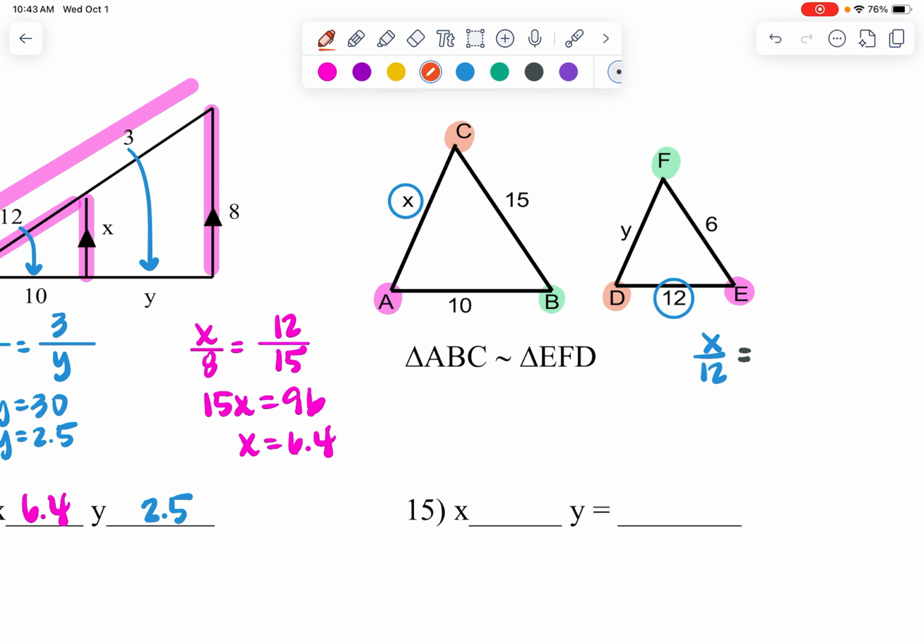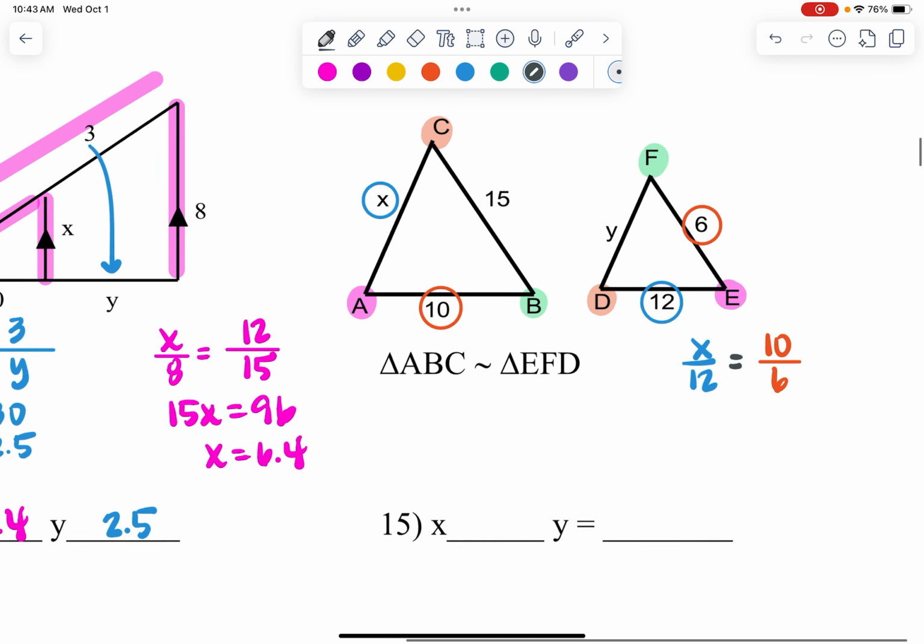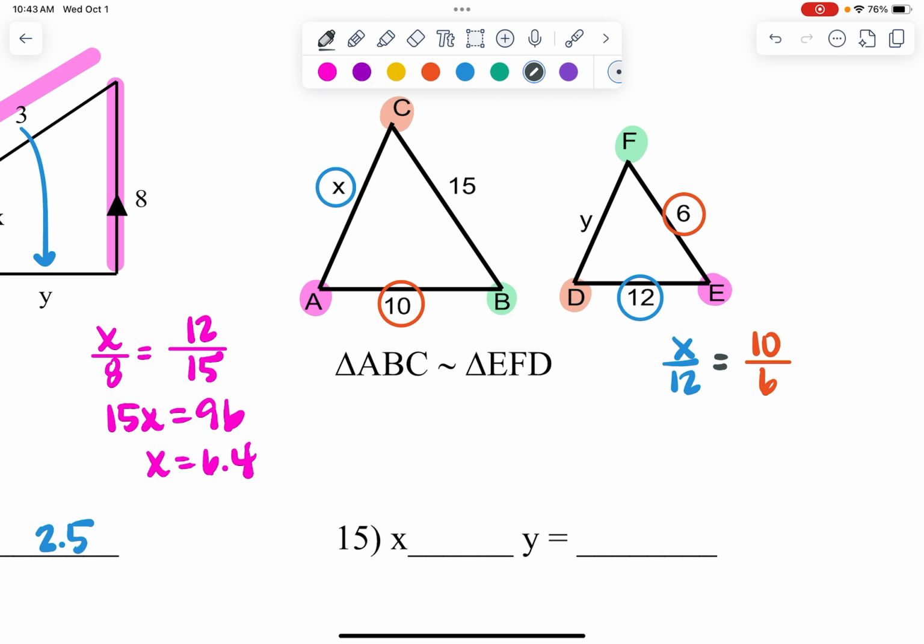I can't use the Y, which means I can't use the 15. So I'm going to have to use the 10, which is between the pink and the green, and the 6, which is also between the pink and the green. So X is to 12 as 10 is to 6. And I'm using all my wonderful context clues to make sure I'm using corresponding sides. All right, so that's going to give us 120 equals 6x. So x equals 20.